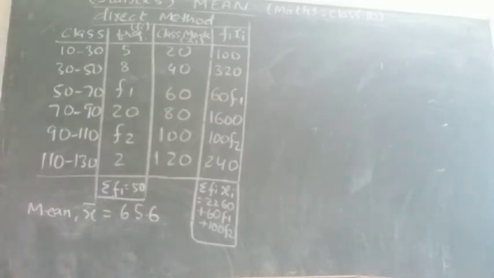Now one thing I have: the sum of all frequencies is 50, given. So we can make a relation between F1 and F2.